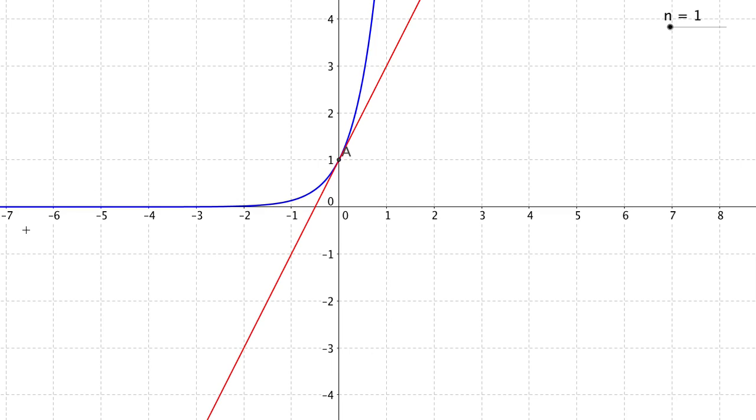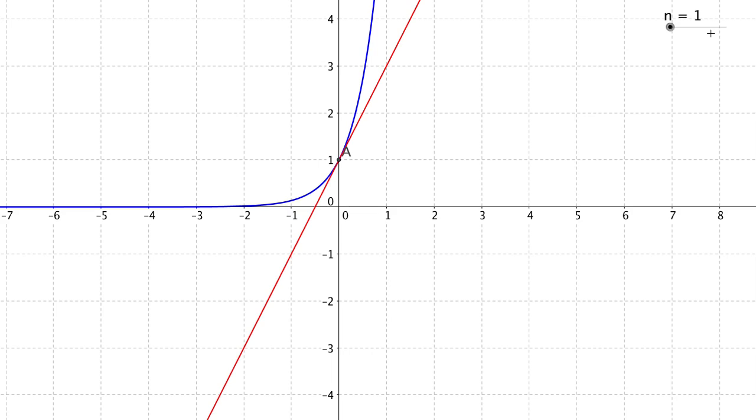So here, this blue curve is e to the 2x. This red line is the linear approximation, where it has the 1 and it has plus 2x. Now, if I increase this, I'll add on more of the terms. So this is just the first degree. It has the constant and the first.